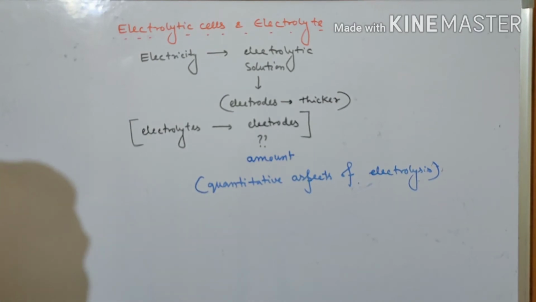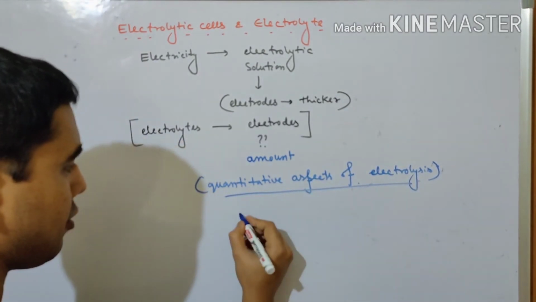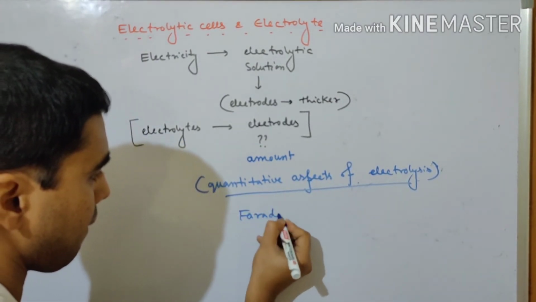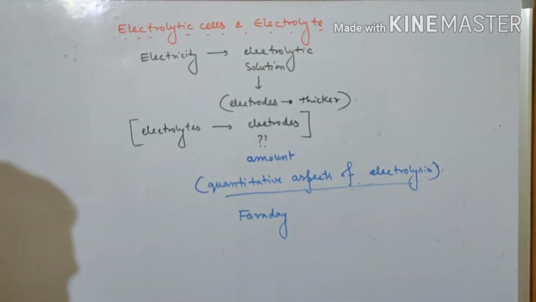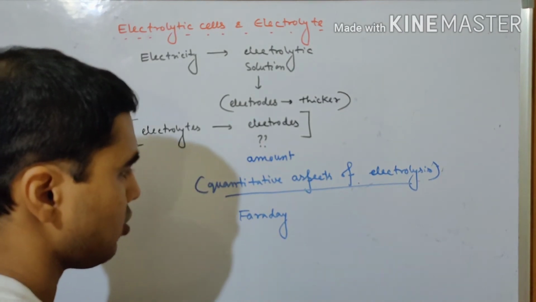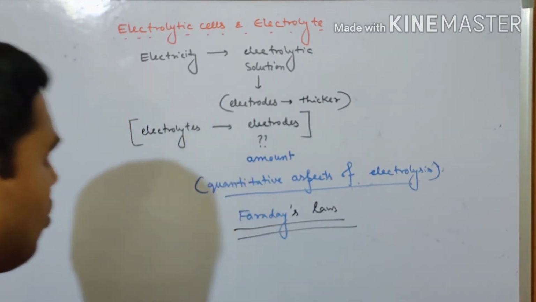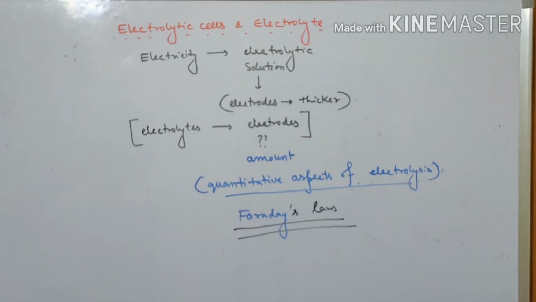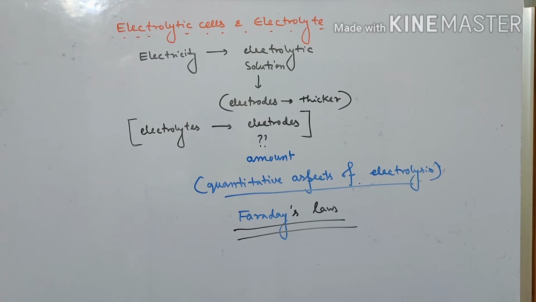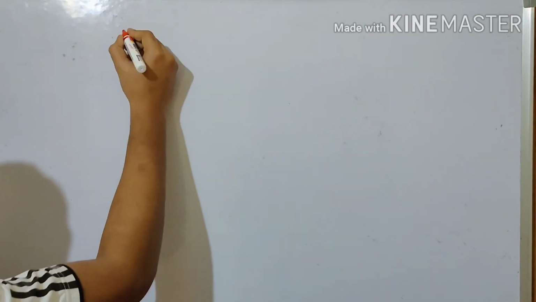And to explain this part, Michael Faraday, in 1833-34 I think, has given two laws. This is known as Faraday's laws. We are going to go through this. So the next segment is Faraday's law of electrolysis.